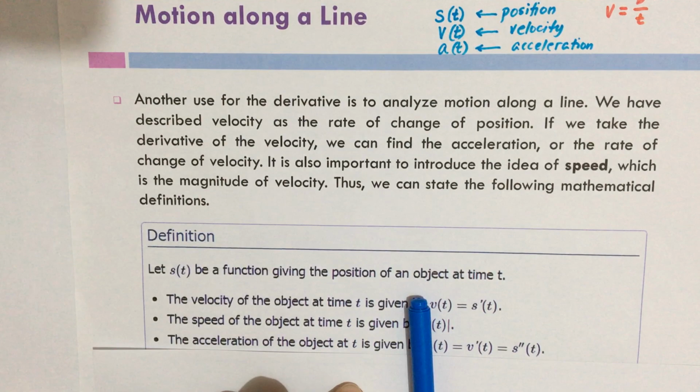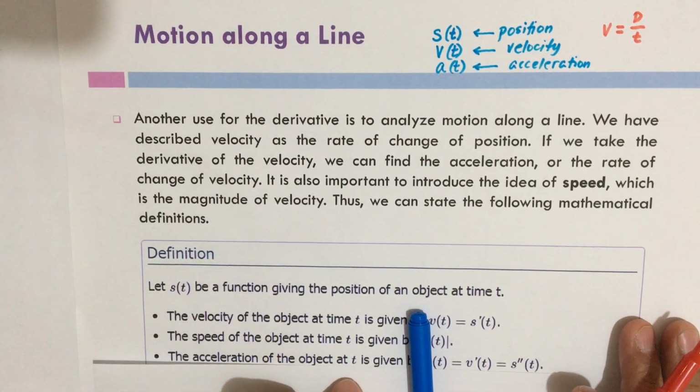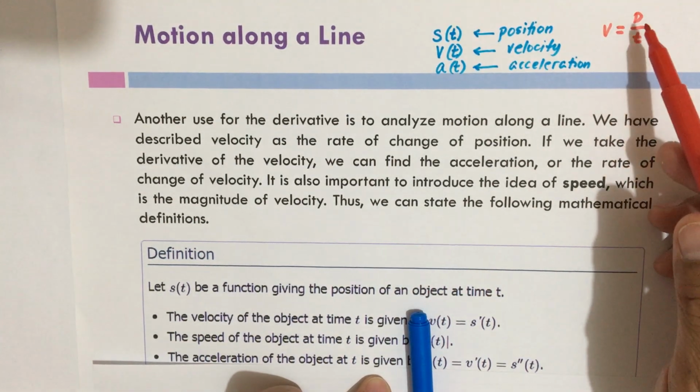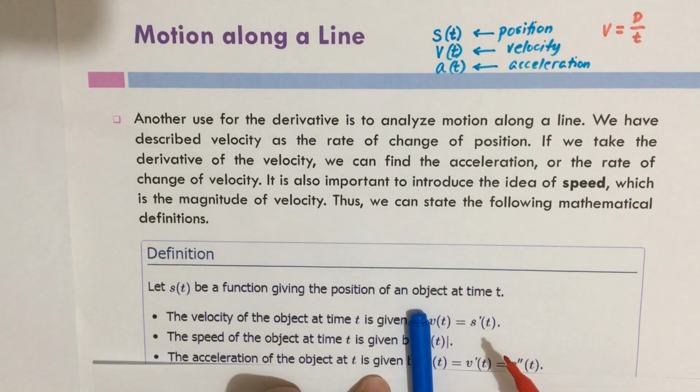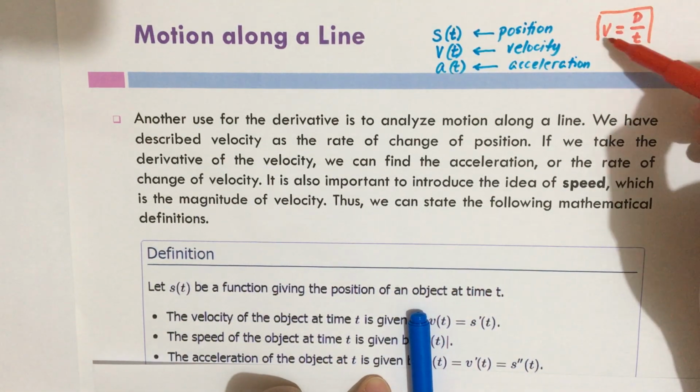Alright, so that's why we have a unit of velocity normally expressed in terms of meters per second or feet per second. So numerator meter, distance, denominator seconds means time. So velocity is distance over time. So this is also a very important formula that we need to remember.